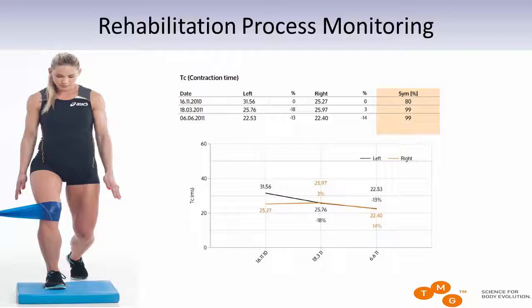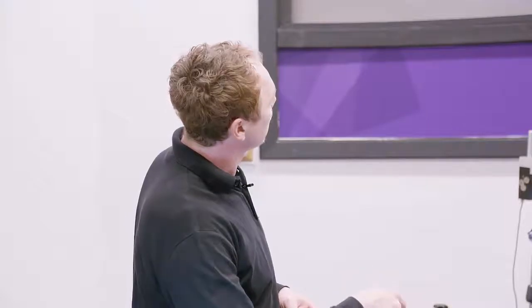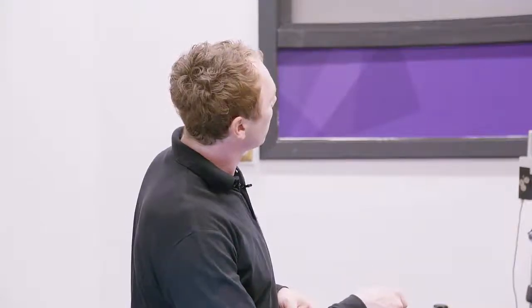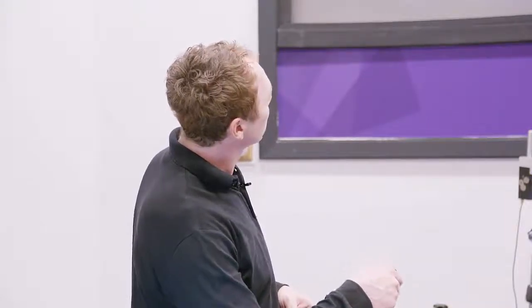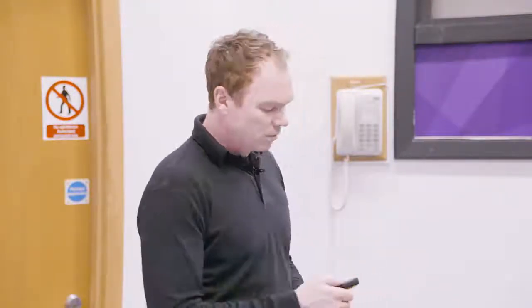So the symmetry on the second was 99, so the difference between left and right is quite small, but on the third measurement, again, the symmetry is quite high, but both muscles got much, much faster. So it's just a tool that will enable you to monitor what's going on with a certain muscle, either if it's injured or not, or if you're just focusing on that muscle during the training process.